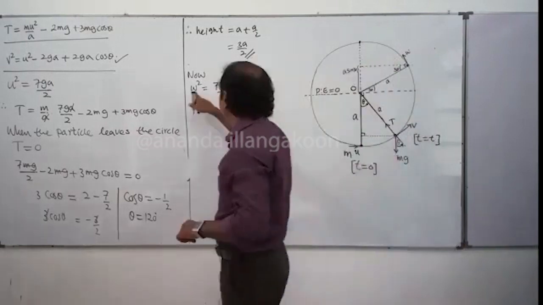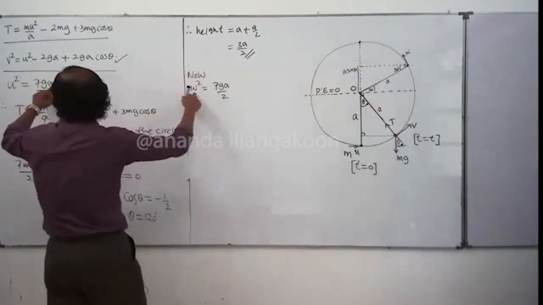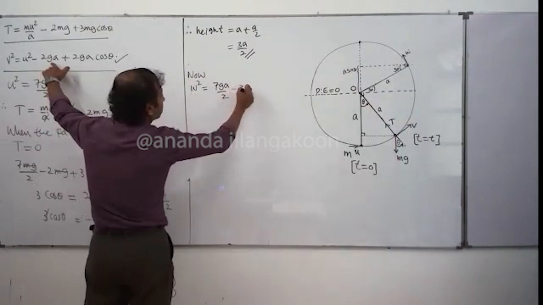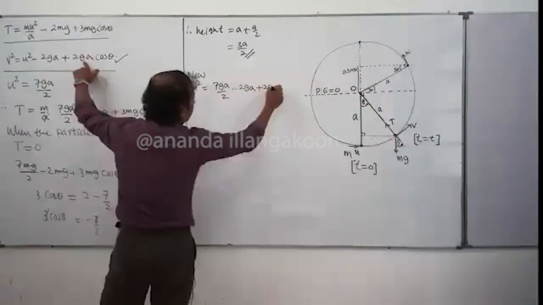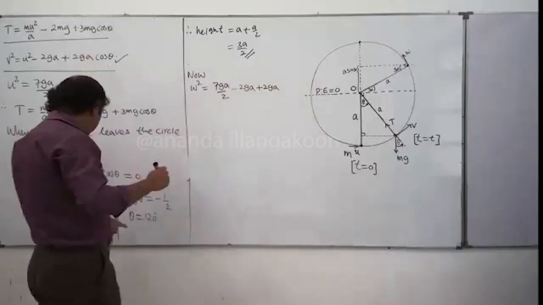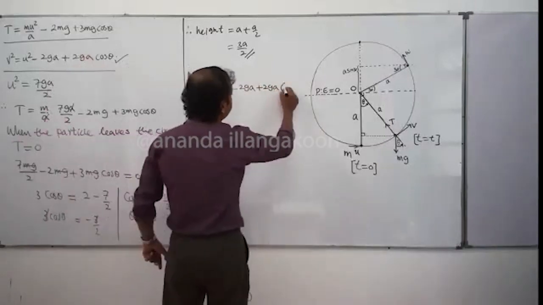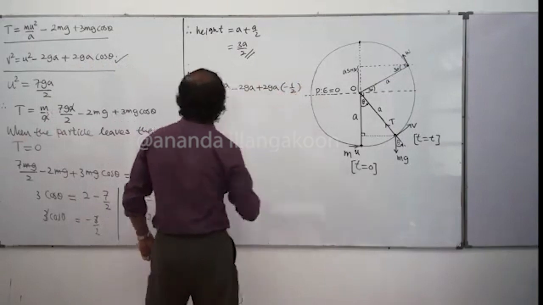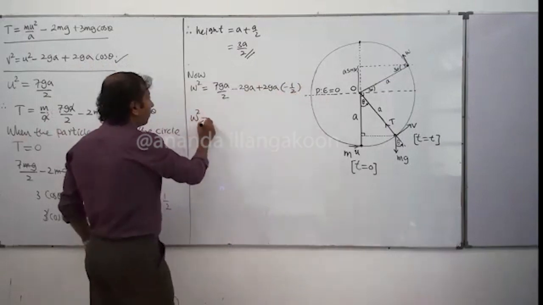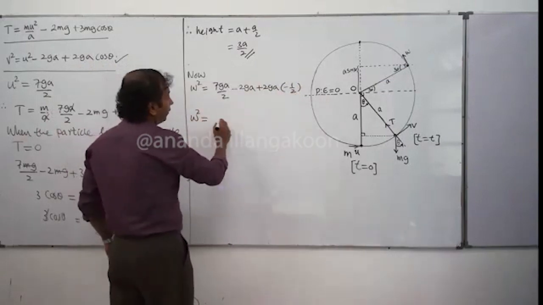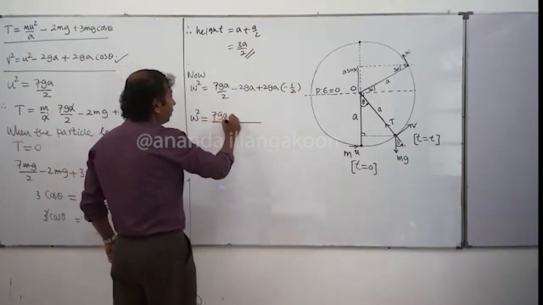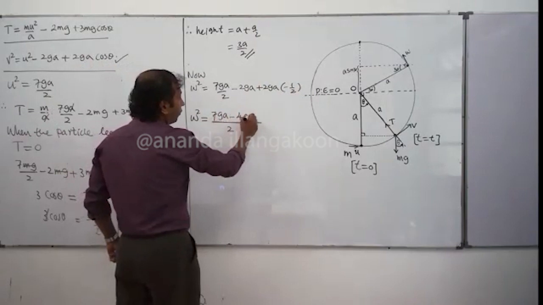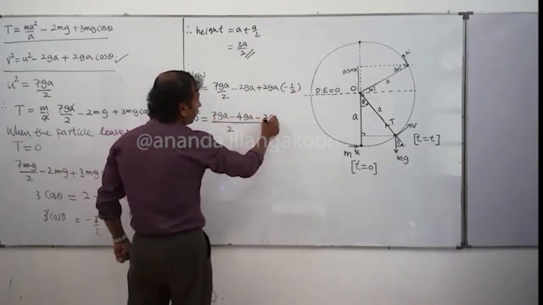That is why I wrote W square here, but U square given 7GA by 2 minus 2GA plus 2GA cos theta, at that moment is minus half. Then we'll simplify this. Right? We can take 2 as a common denominator there. 7GA minus 4GA minus 2GA.